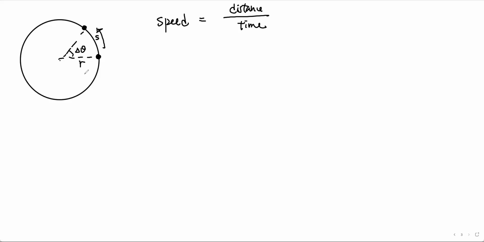Yeah, using the formula of the arc length. So the distance traveled is s and then divided by the time. The distance traveled, you can use the formula of the arc length. Do you still remember it? You know about it, right? You need paper, you can take it here.